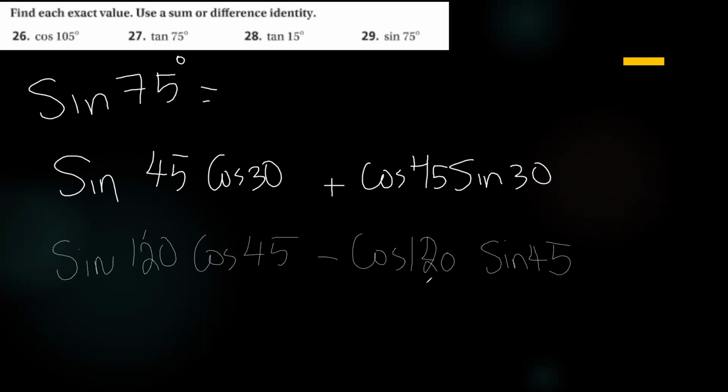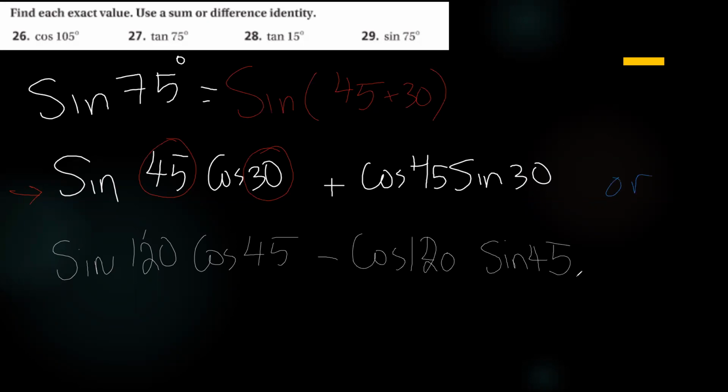So here, sine of 75, you can solve it by two ways. This is the first way. It is either 45 plus 30, but since we used sine, we have sine of 45 plus 30, so you will use this formula: sine of 45 cosine of 30 plus cosine of 45 sine of 30.